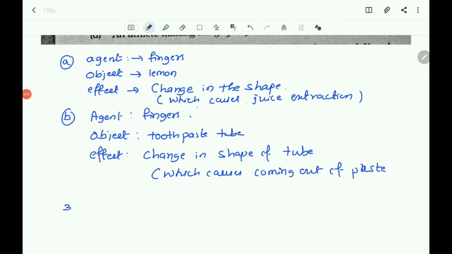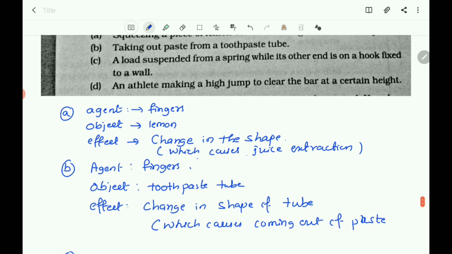Next, third one is a load suspended from a spring while its other end is on a hook fixed to the wall here. Here the agent is the load suspended.